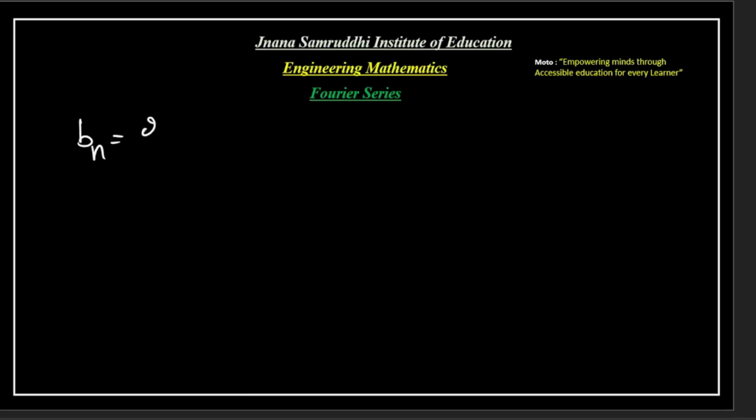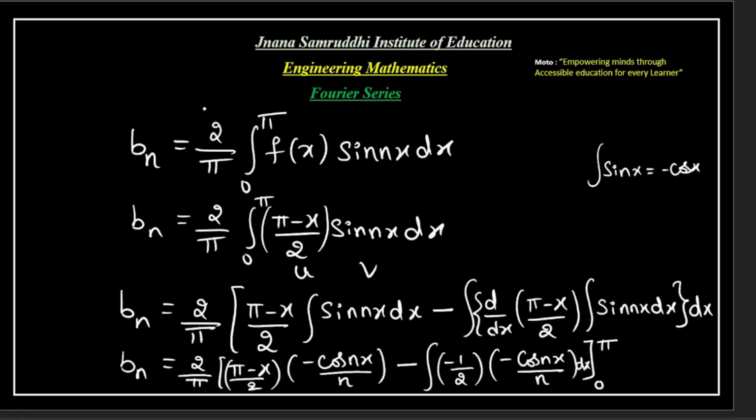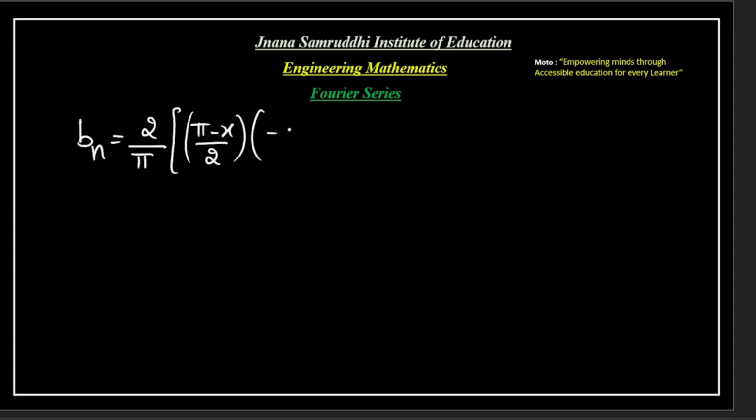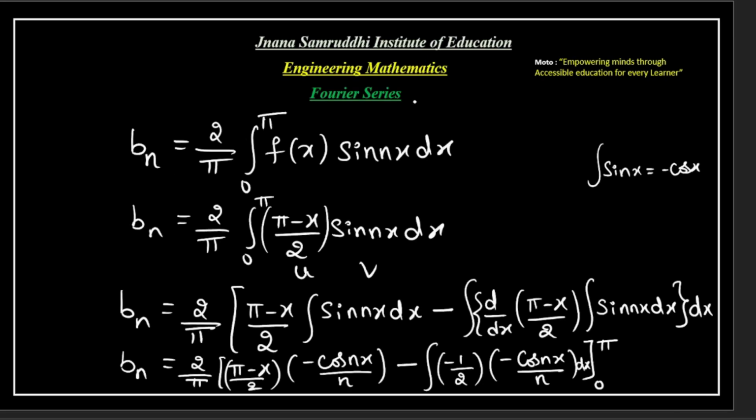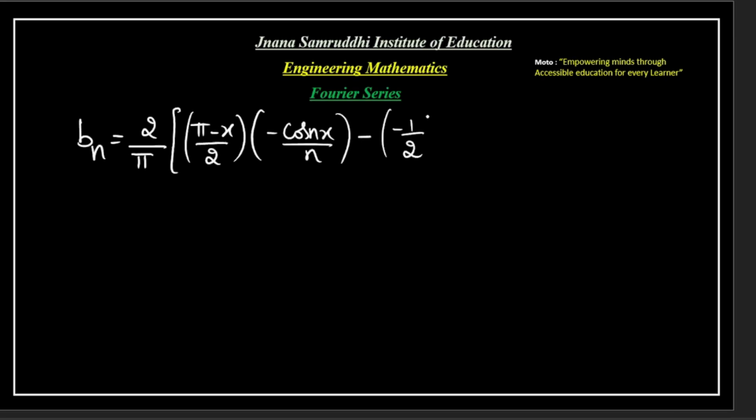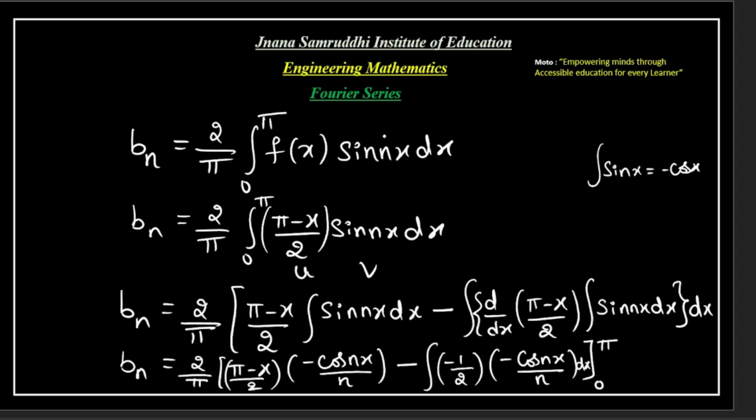Bn equals 2 by pi, minus cos nx by n, minus of minus 1 by 2. We need to apply the integration again.